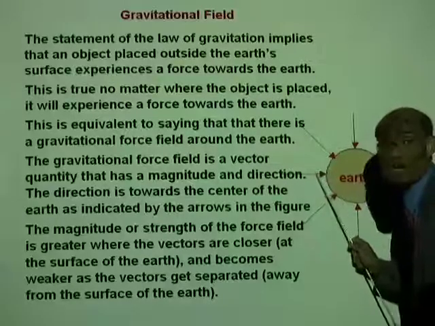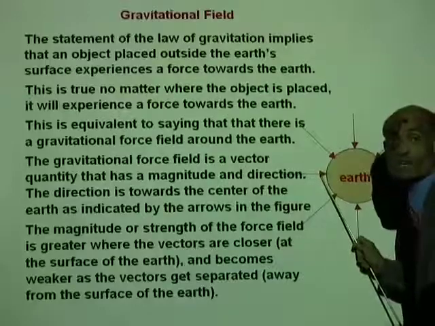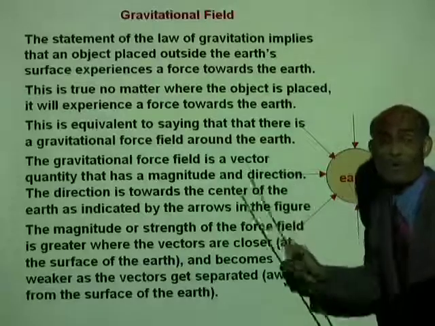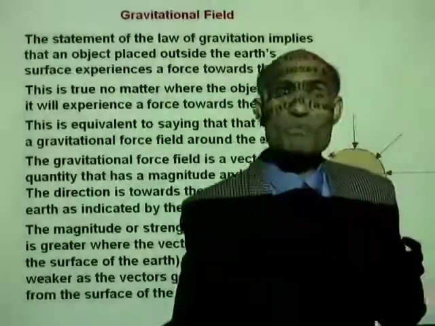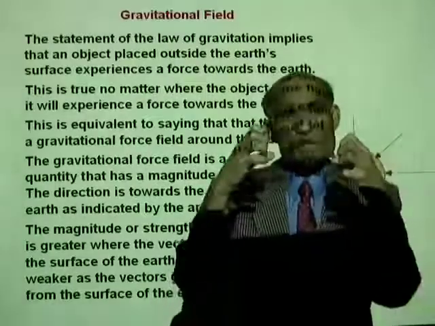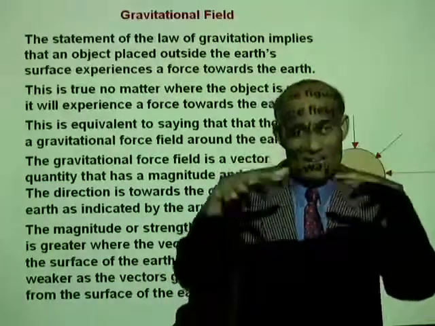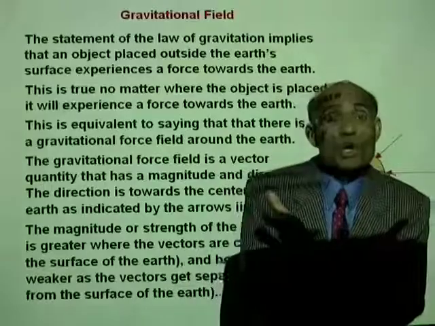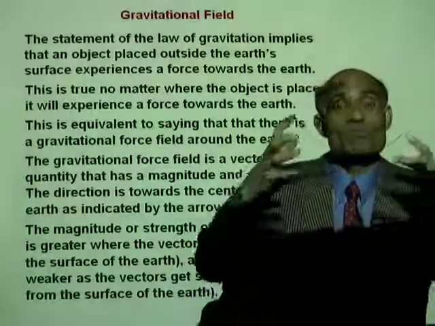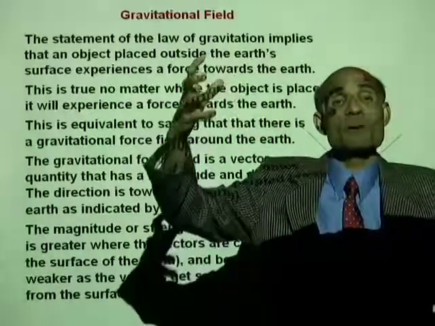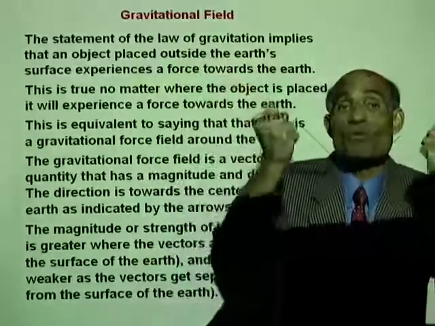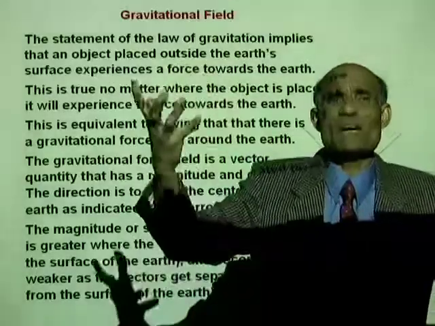The field is stronger closer to the Earth than when you go far away. The strength of the field is greater at points that are close to the surface of the Earth. If you move away from the surface of the Earth, the strength of the force field will become weaker.